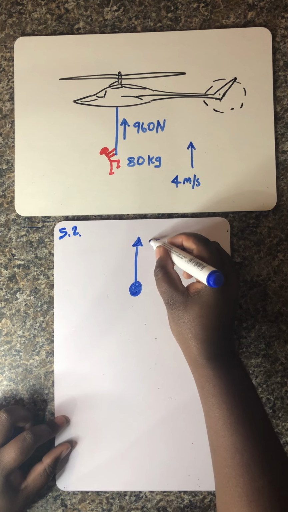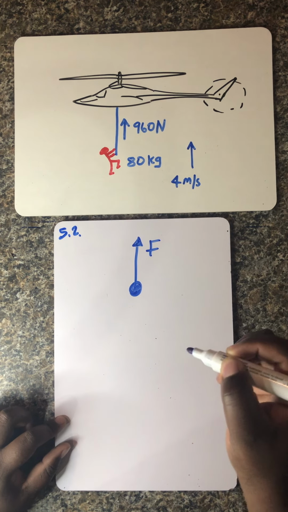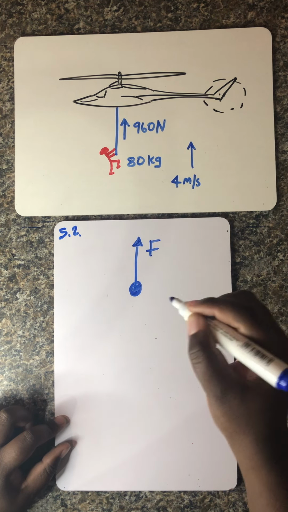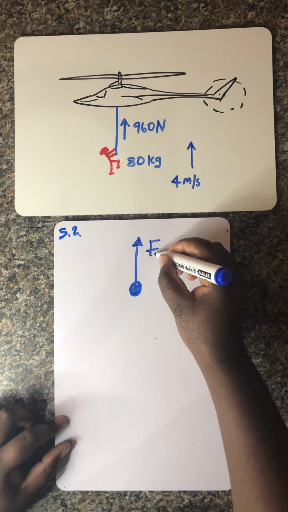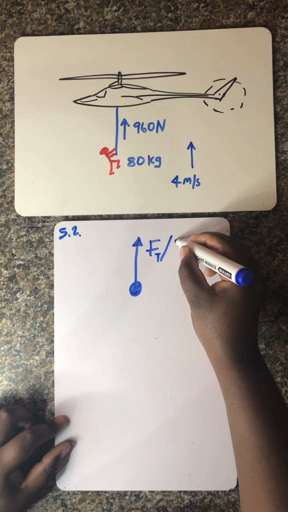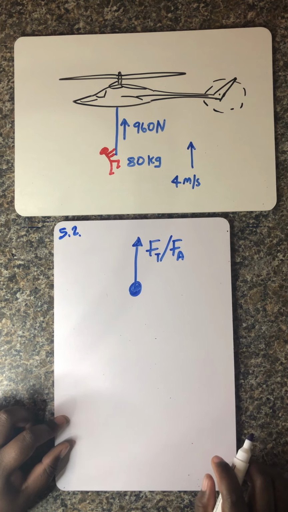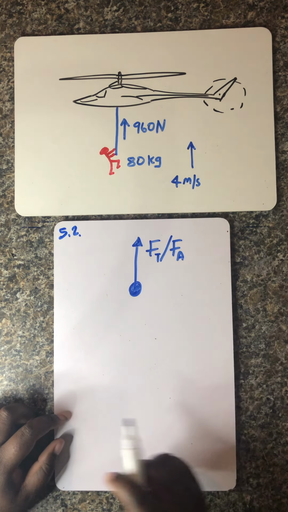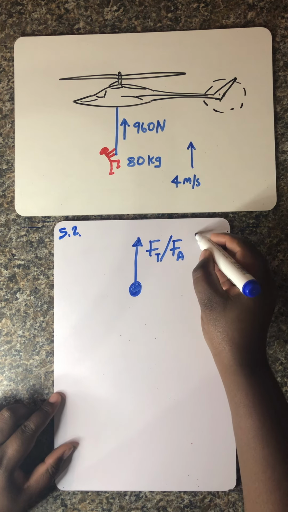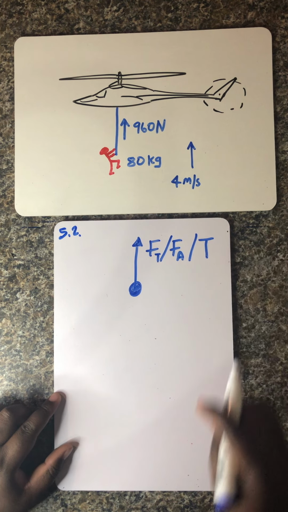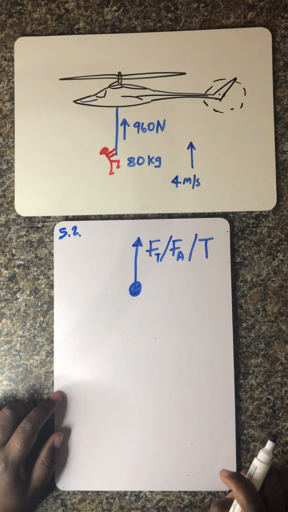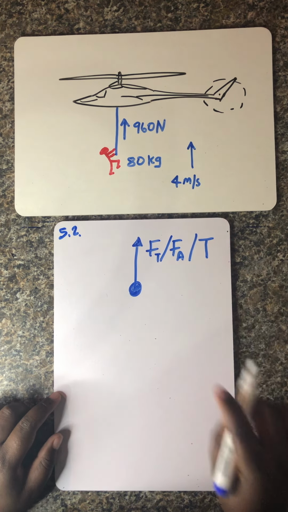Then remember, ladies and gentlemen, they said a labeled free body diagram. Okay, so you can just say force by tension, or otherwise one can say force applied. Okay, doesn't really matter whether you say force by tension, or otherwise you can just say tension. It's a force. Okay, so you will choose which one is suitable.